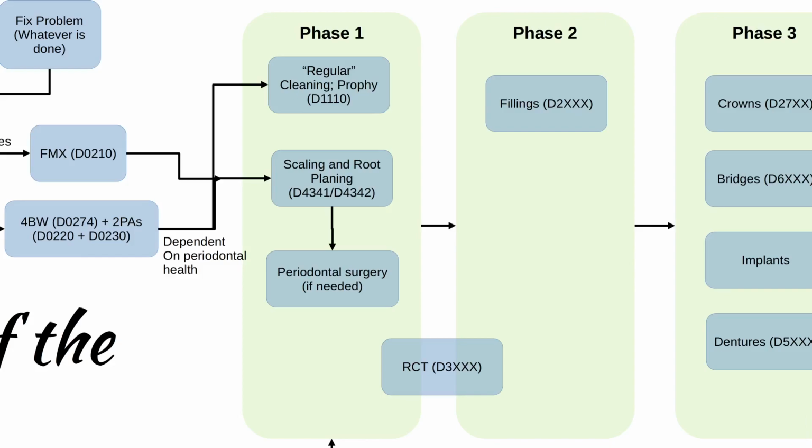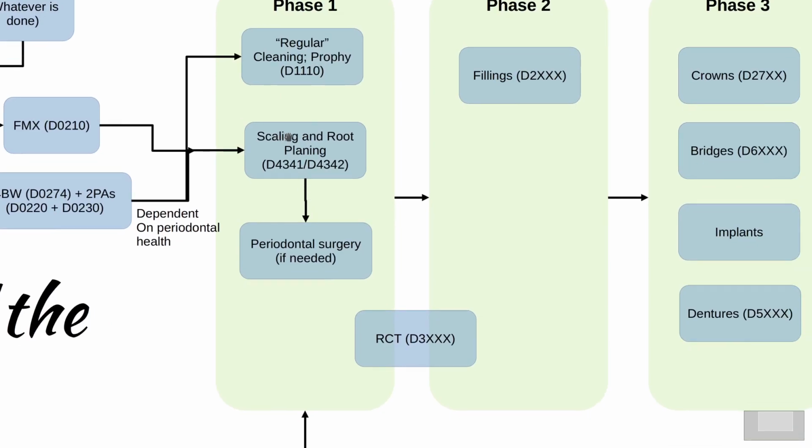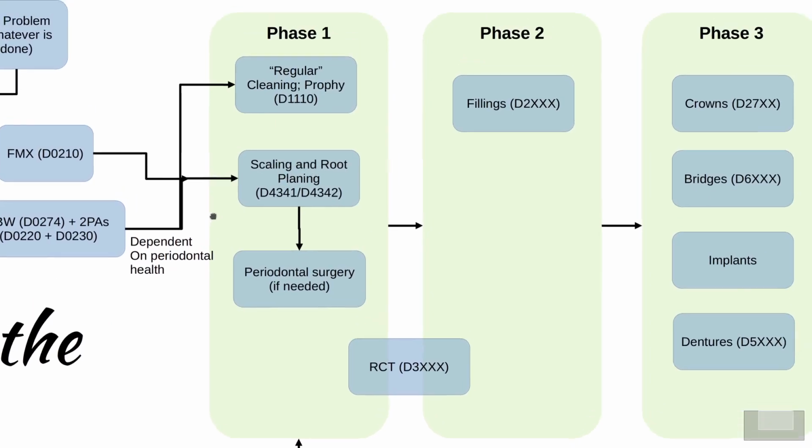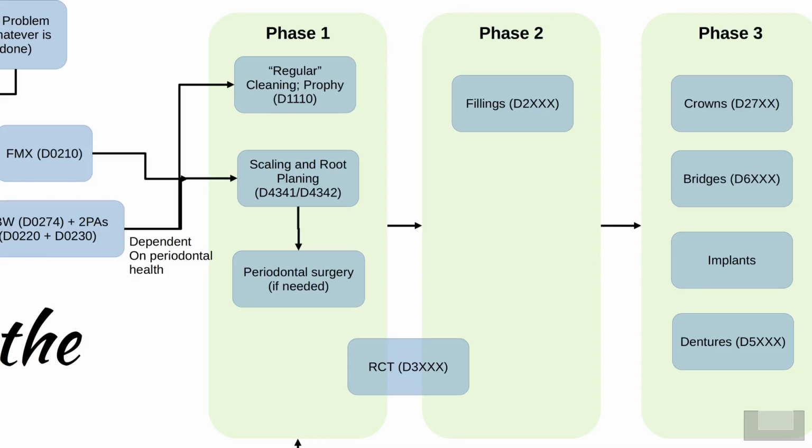The proper term that the ADA likes to use is adult prophylaxis, but internally you will see the term prophy. We tend to tell the patient that's a regular cleaning. The other type of cleaning is scaling and root planing. Now, that's also known as a deep cleaning.